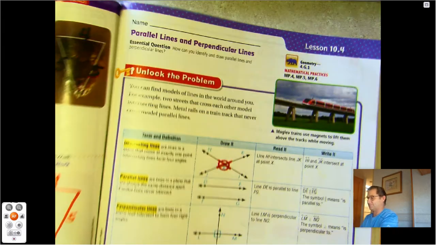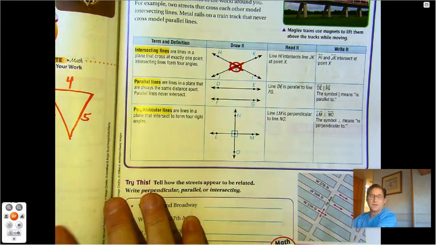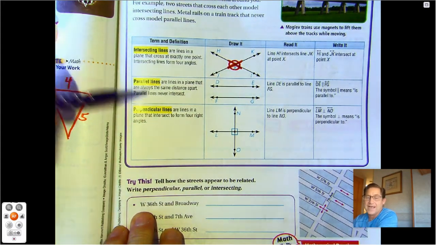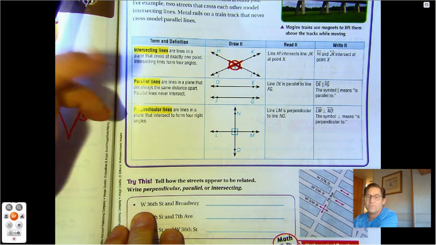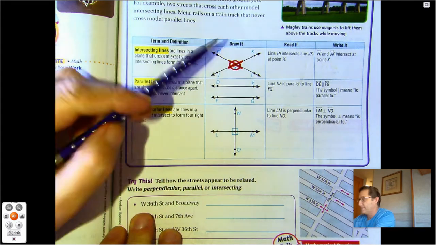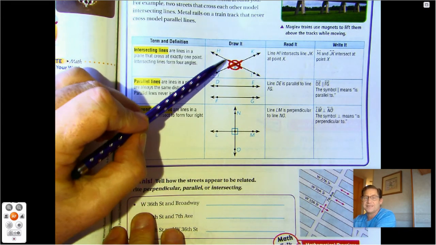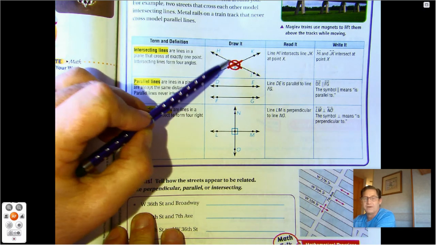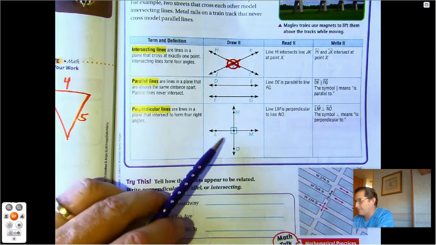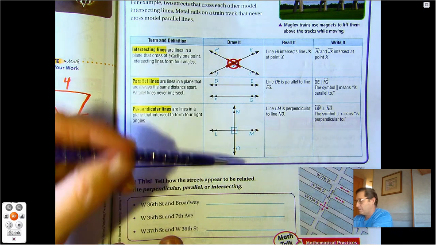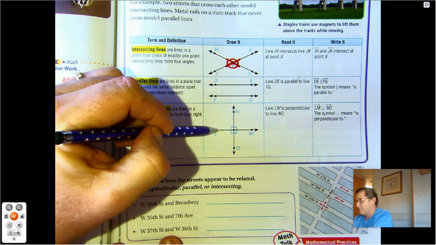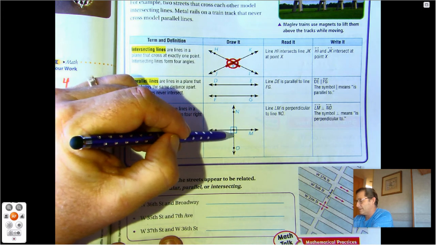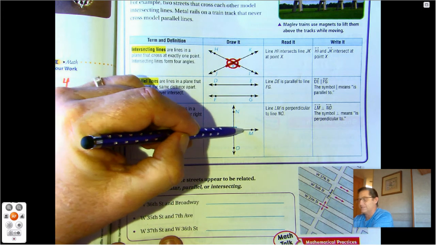Perpendicular lines. Perpendicular lines are lines in a plane that intersect, but they form four right angles. In this first one, these are just intersecting lines because none of the angles formed are right angles. But now when we look here, this is a right angle, that's a right angle, that's a right angle, and this is a right angle.